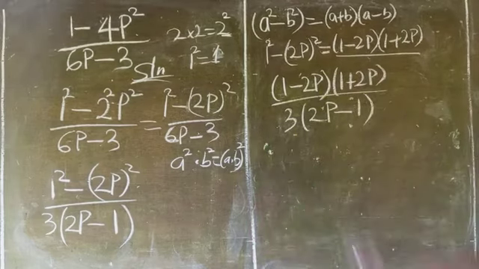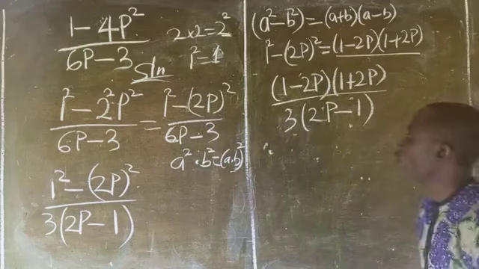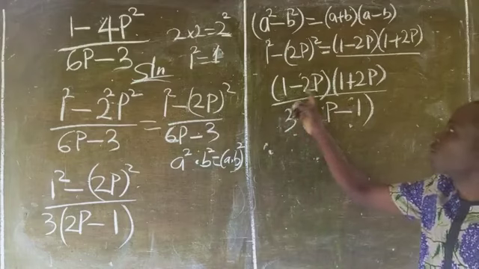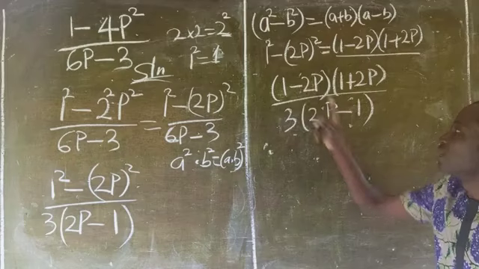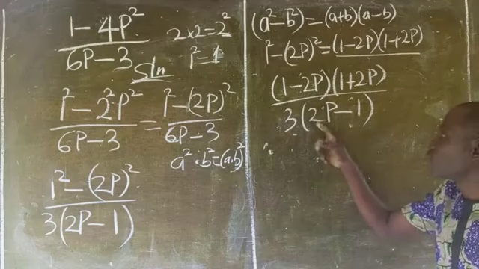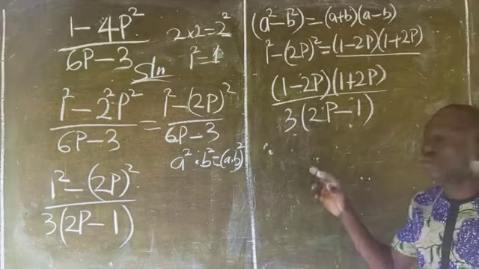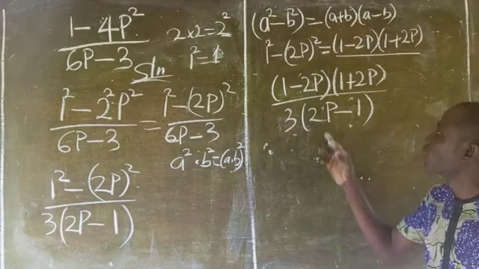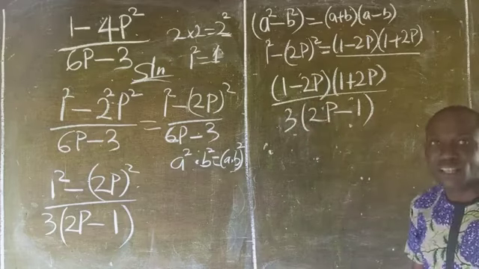You'll be tempted to cancel out here, but be very careful because here we have 1 minus 2p. The 1 is positive, 2p is negative. But in the denominator, 1 is negative, 2p is positive. So it's not the same. There's something you can do. You can manipulate the denominator so that it is the same as the term in the bracket so that you can confidently cancel out.